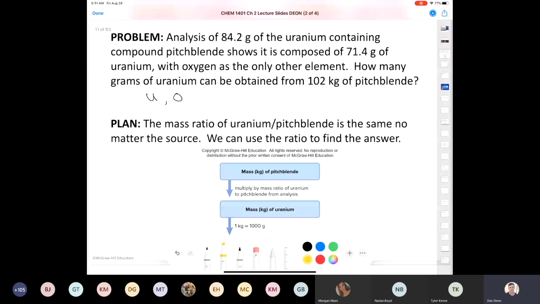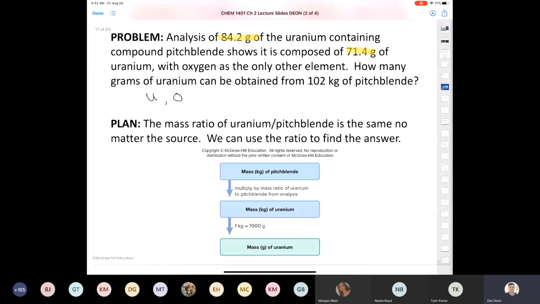We have 84.2 grams of pitchblende, and we know that it's got 71.4 grams of uranium in it, right? So what's the mass percentage of uranium in pitchblende? Well, we can figure that out. All we have to do is divide 71.4 by 84.2. And then we can take that fraction and multiply it by 102 to get our final answer.